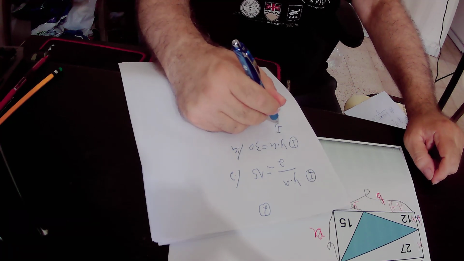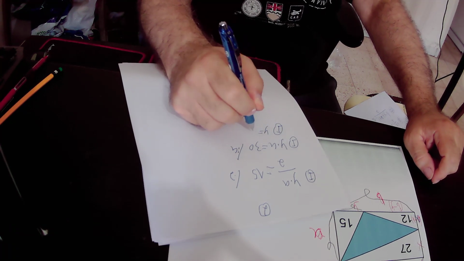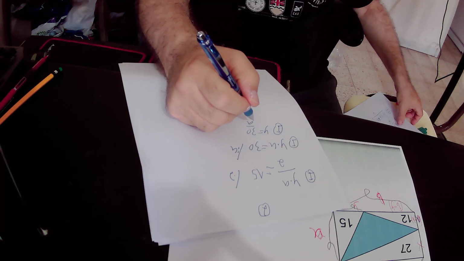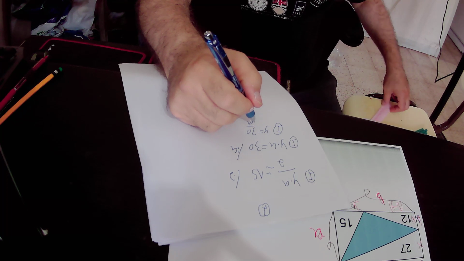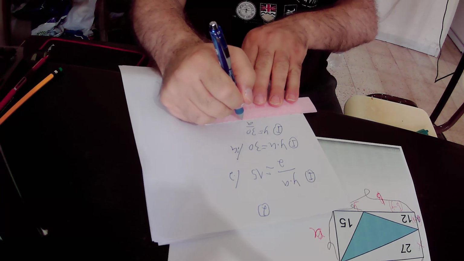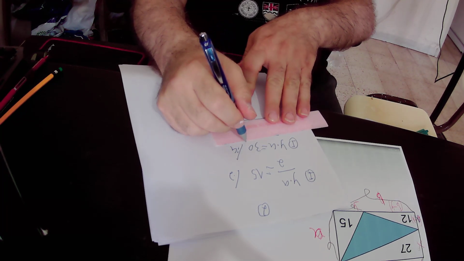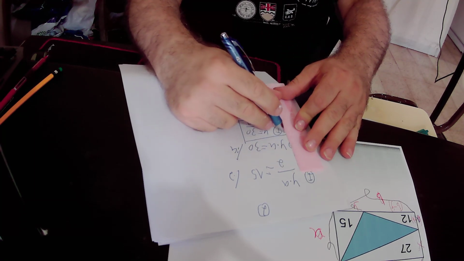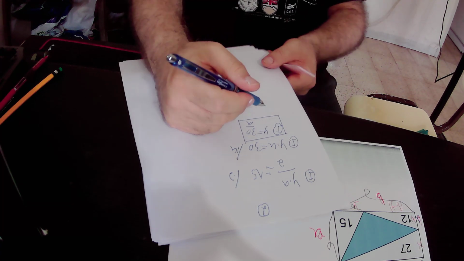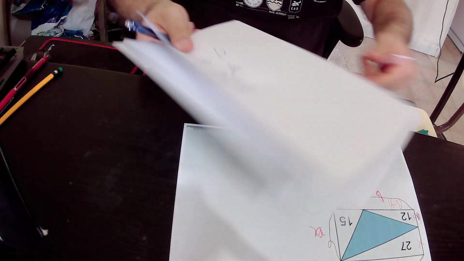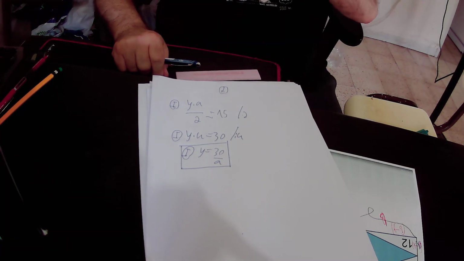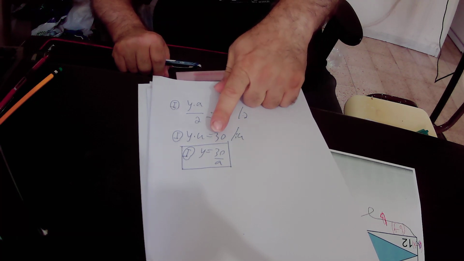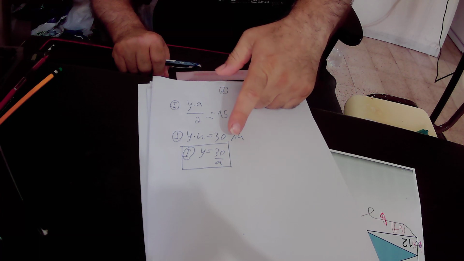So we will get that y equals 30 over a. Okay, we divided both sides of the equation by a. We got that y equals 30 over a.